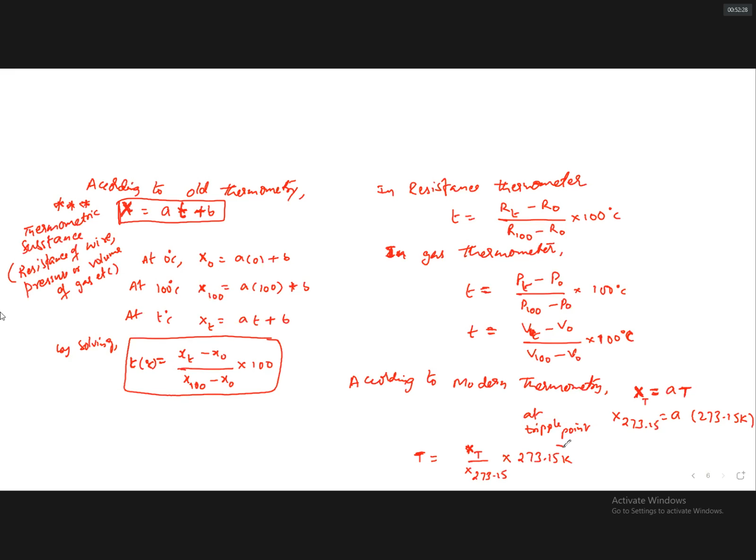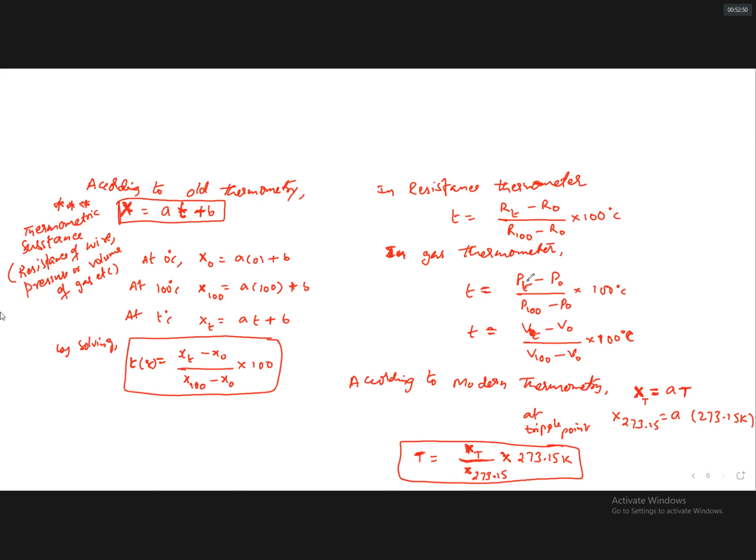So in the problem they give the thermometric property, or resistance of the wire, at some temperature, and the resistance of the wire at the triple point temperature. Or the pressure of the gas at the triple point temperature they give.